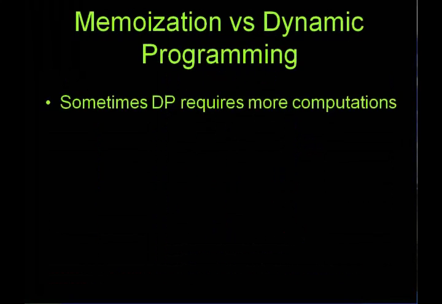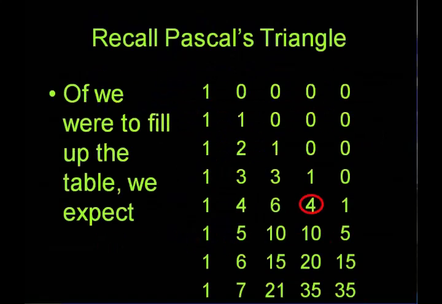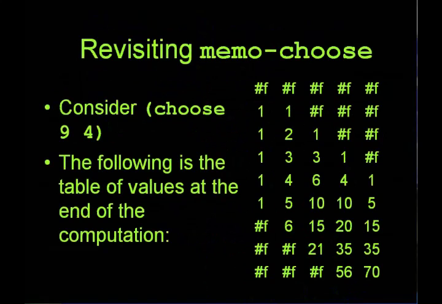The idea is that DP oftentimes requires more computations. If you look at this thing, this is memoization. This is what happens at the table after memoization happens, for choose K. You see that there's some false, which means those entries are never touched.